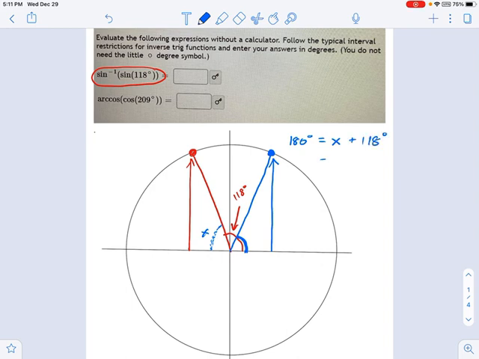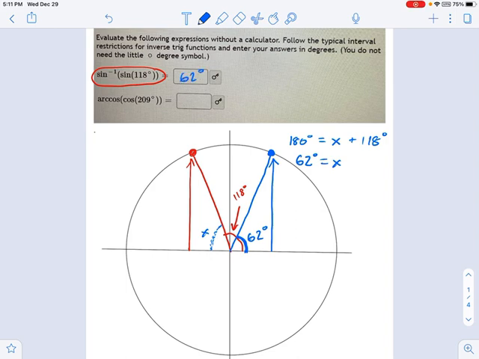So that means x equals 62 degrees. Okay, x equals 62 degrees. That's that blue angle, and therefore, that is this angle right here on the right. That's the quadrant 1 angle that produces the same value as sine of 118 degrees.